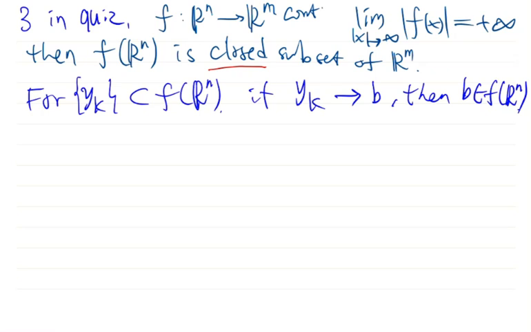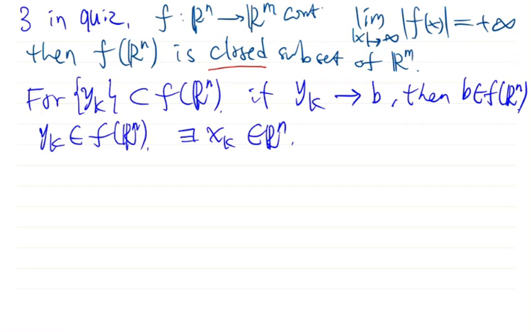Because y_k is taken from f(R^n), of course you can find an x_k in R^n such that y_k is f(x_k). Of course this is true.